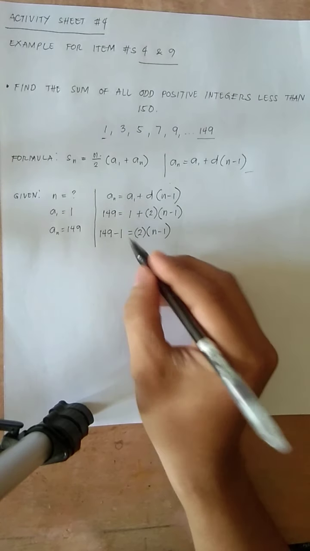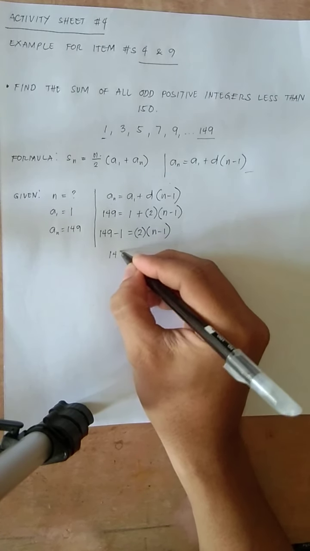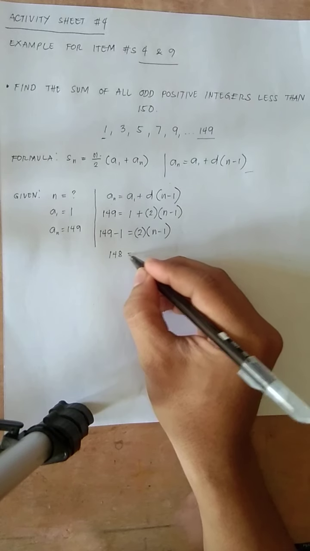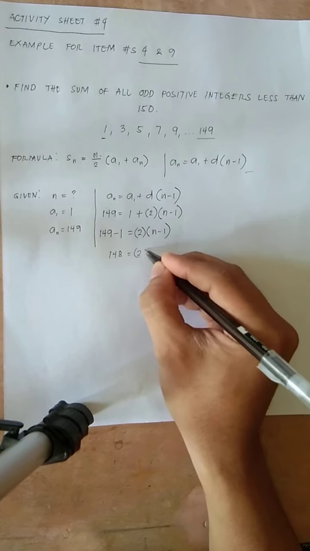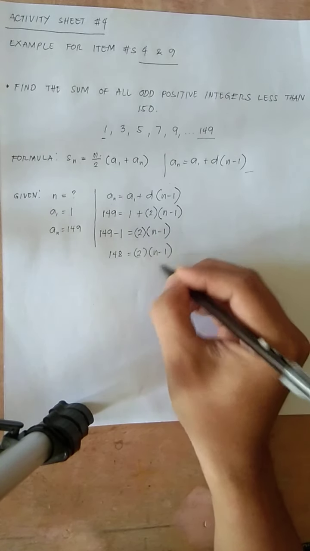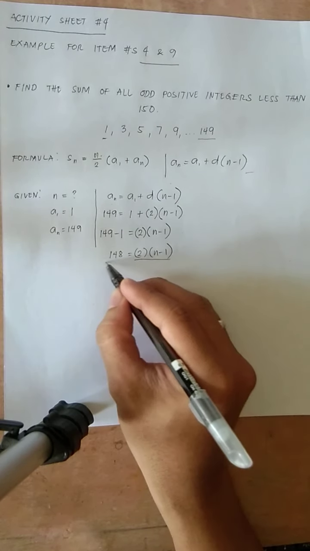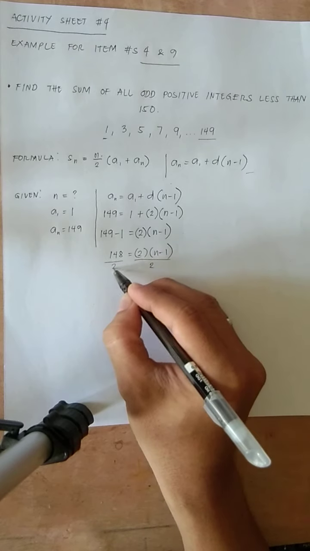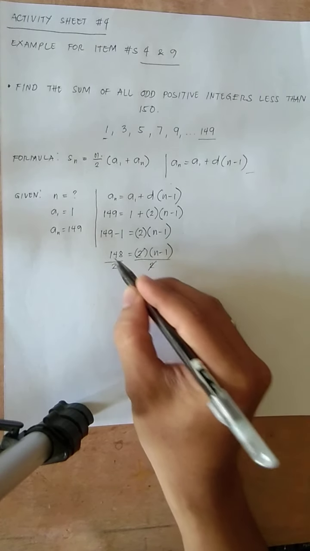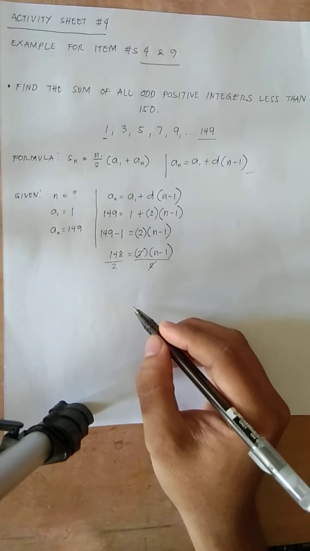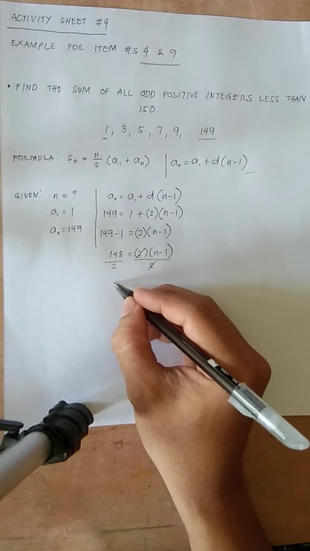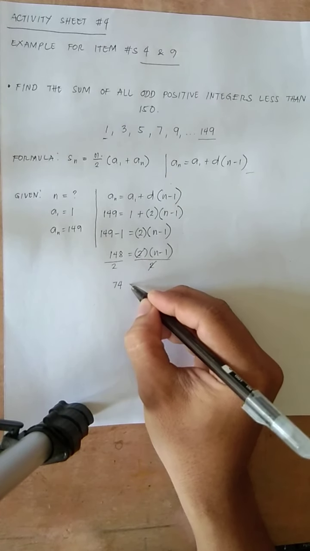Next, what is 149 minus 1? That's 148. Equals, you have 2 times n minus 1. And then, after this, divide both sides by 2 to cancel this out. Okay? Now, what is 148 divided by 2? That is 74.